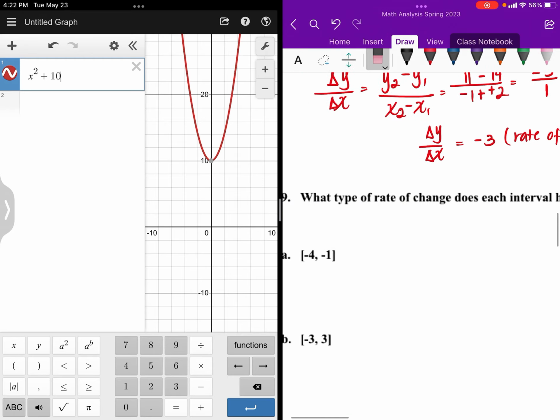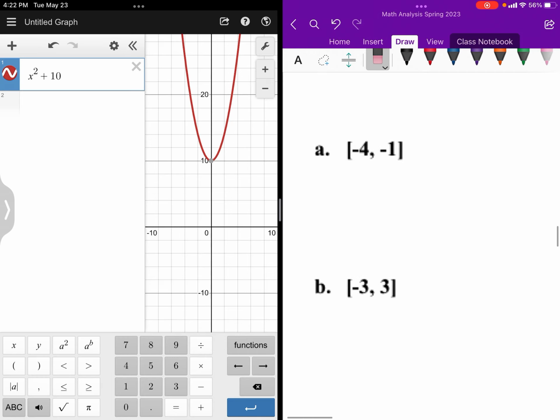Now, in this case, let's go ahead and focus on those intervals. Now, once again, guys, these intervals represent x values. So I'm going to input, I'm wondering if I put it in interval notation, parentheses.